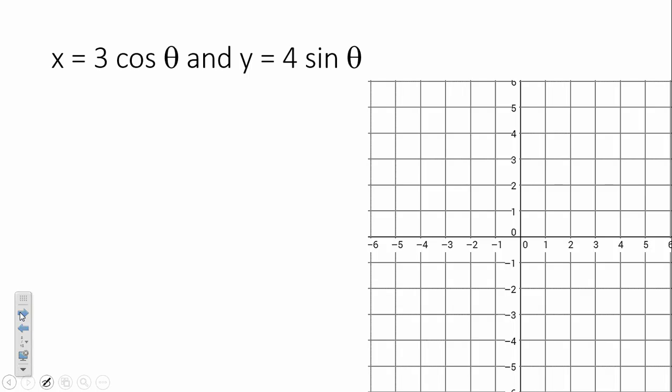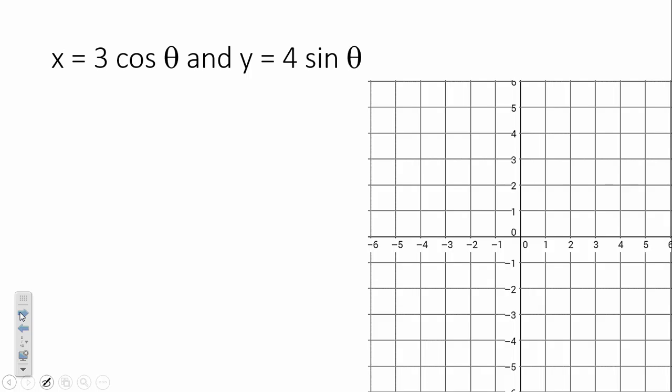x equals 3 cosine theta and y equals 4 sine theta. And we want to eliminate our parameter. All right, so no good way to eliminate theta, is there?